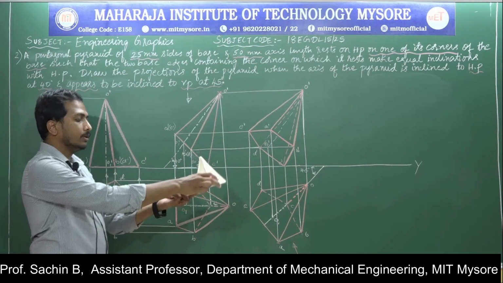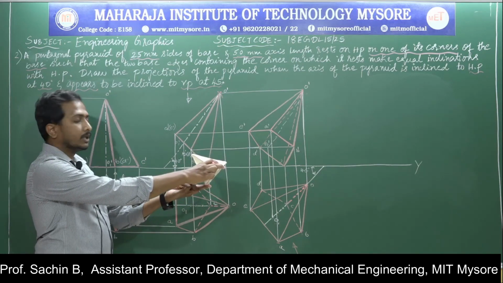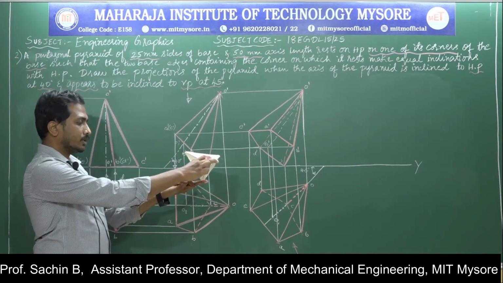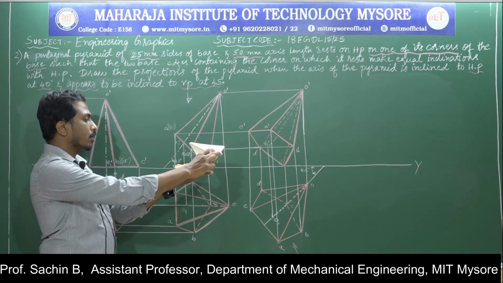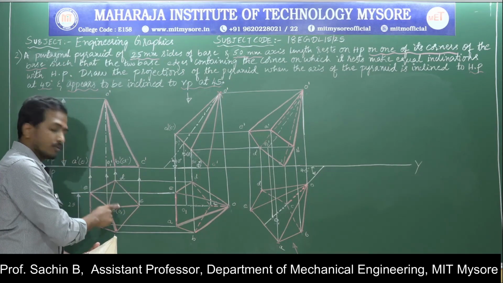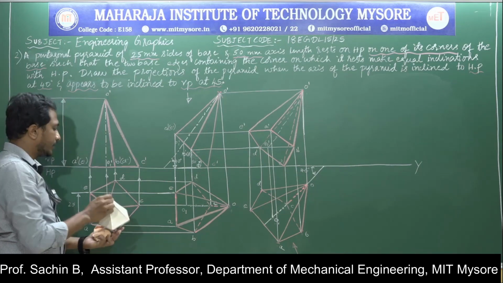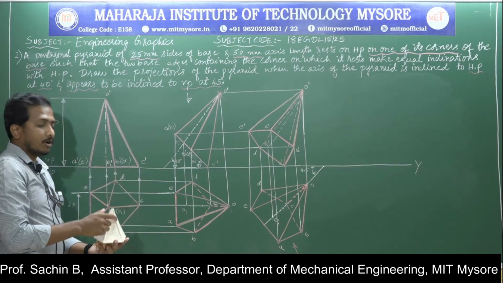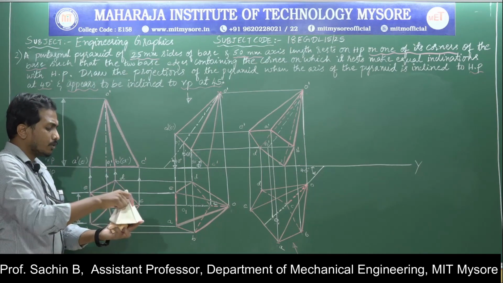But in the second position, it is resting on edge, which means we need to incline the object to the left side, towards the front view of the first position. Instead of inclining towards this side, we will go for inclining the object like this. If the representation is like the first position drawn, and you want the solution towards right, instead of drawing this, just invert the object by keeping the edge towards the first position.